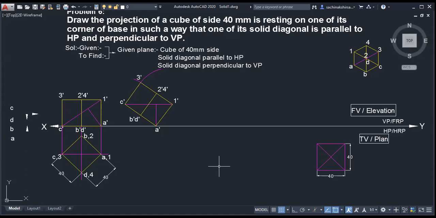Up to this, okay. So A dash point, then we have measured a perpendicular distance and drawn the locus. For your information, you can view at what distance we have drawn the locus. That is also most important, at the distance of 33.